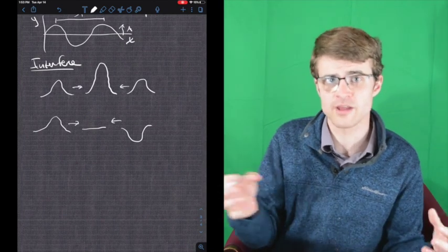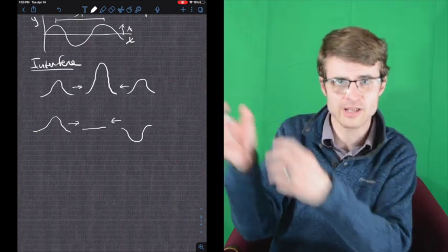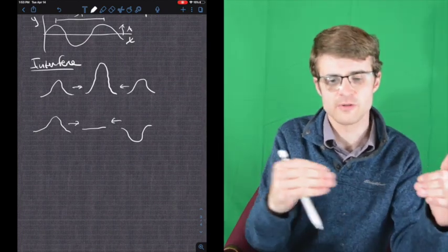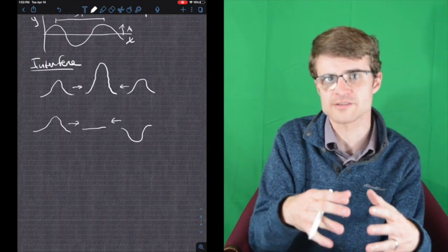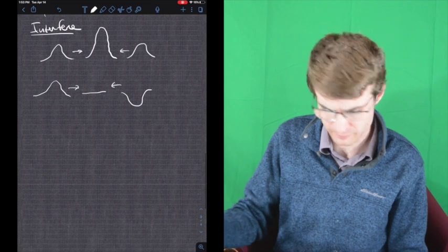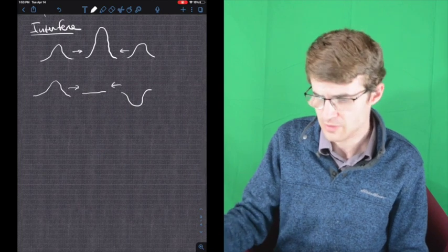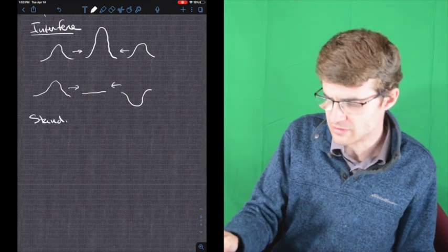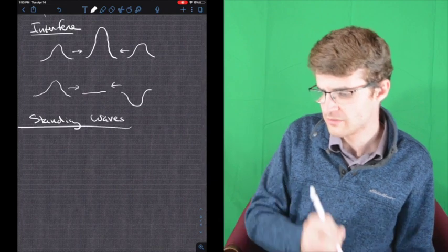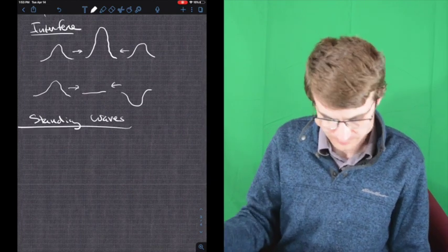That's a standing wave. If we apply pushes at random intervals along the swing, all those individual kicks and pushes would cancel out and there wouldn't be any wave-like motion in the long term. And so we talk about standing waves, which is where energy is being injected at this rate.